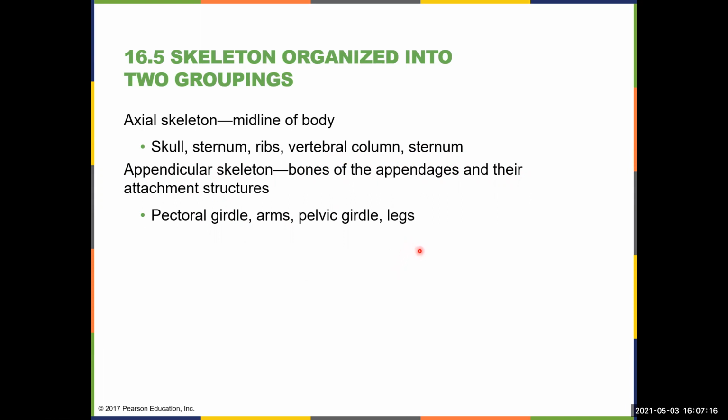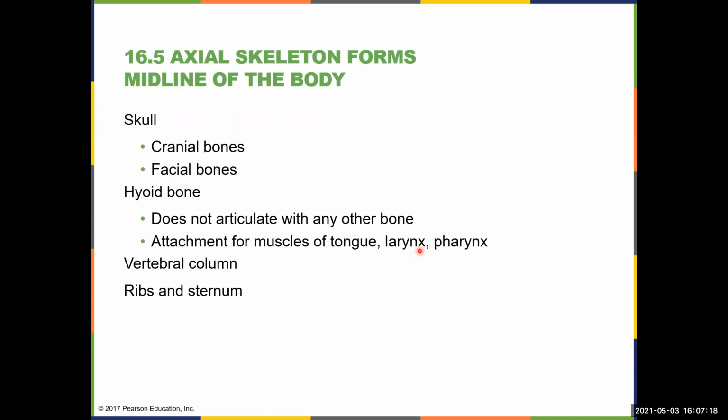Okay. Now, first looking at the axial skeleton, we're going to focus on the bones in this region of the skeletal system. So we mentioned the skull is made up of cranial bones and facial bones. One bone that we did not mention in the previous couple slides is the hyoid bone. And this bone is interesting because it doesn't articulate with any other bone.